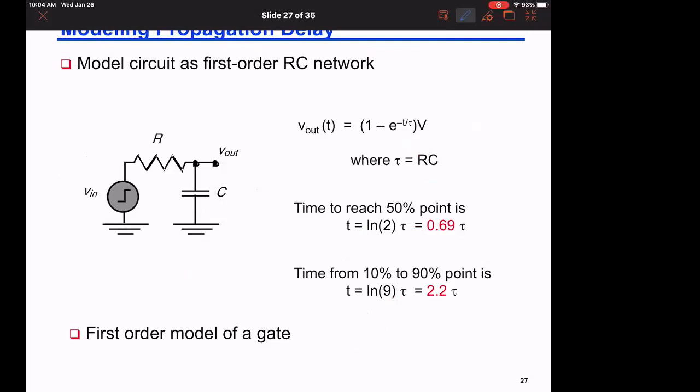This will be the last thing that we will cover for today during the lecture. Let us focus on this circuit because it will follow us for the delay analysis later when we study the complex logic gates. I have an RC circuit. This is a first order RC network. The input is switching from 0 to 1.